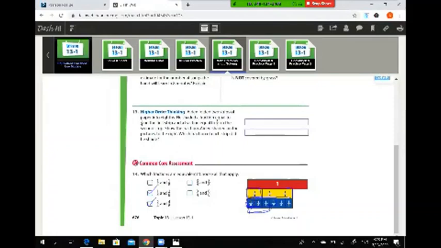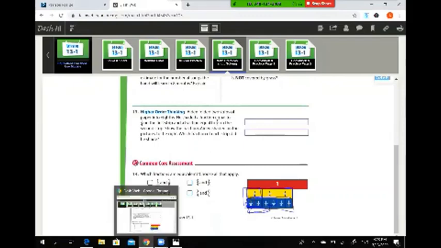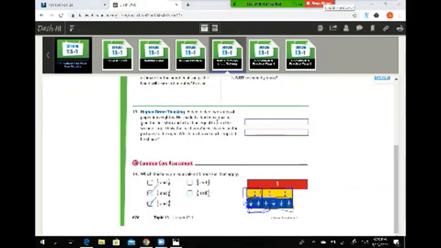Let's see how many 8ths we have from here to here: 1, 2, 3, 4, 5, 6. So 6 over 8 is equivalent to 3 over 4 because they have the same distance in the fraction strips.